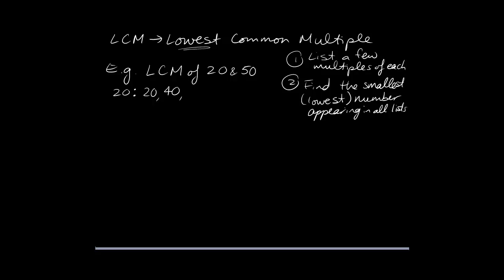So to start off with, I'm just listing some of the multiples of 20. So 20 times 1, 20 times 2, times 3, and so on. So there's my list of multiples of 20. Do the same thing for 50. So multiples of 50, we're talking 50, 100, 150, 200, and so on.